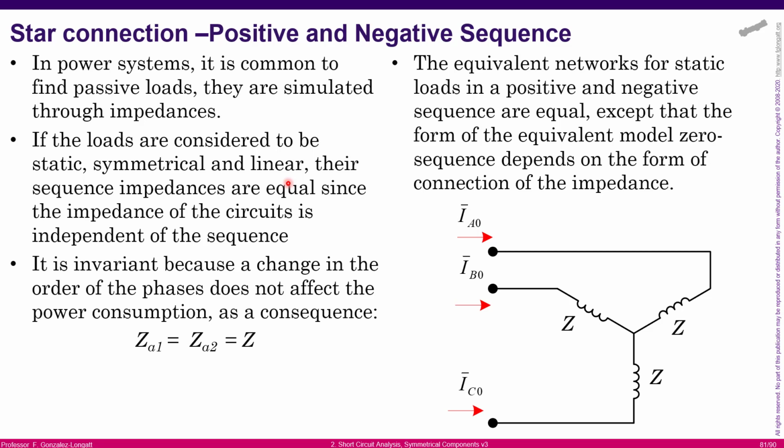And as a consequence, we can create a specific model for the sequence when this load is subject to being supplied by asymmetrical conditions. Okay. The first thing that you must realize and understand is that static loads are represented by impedance.